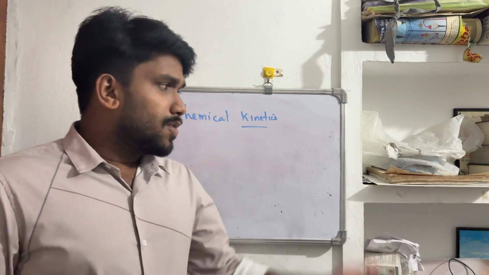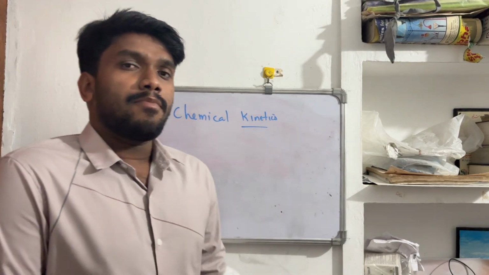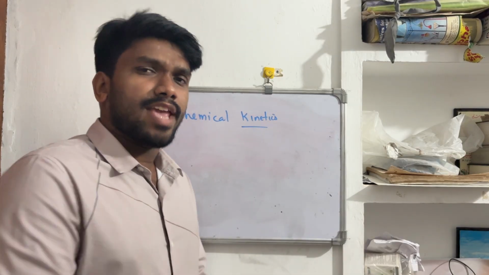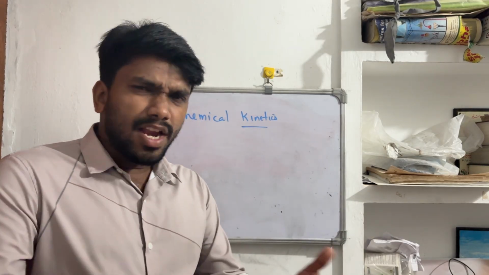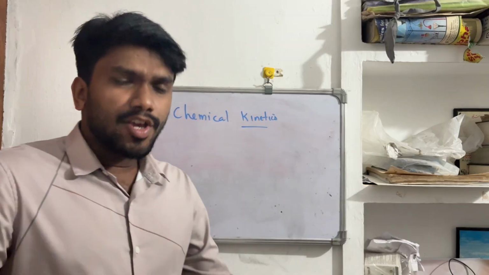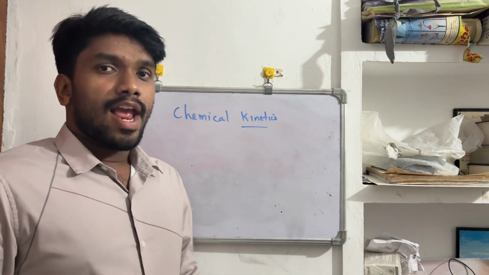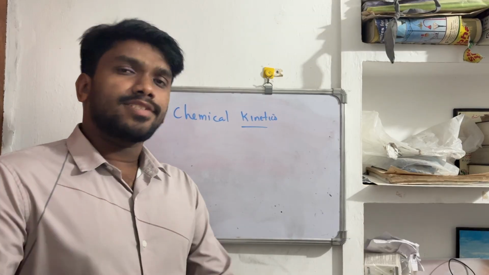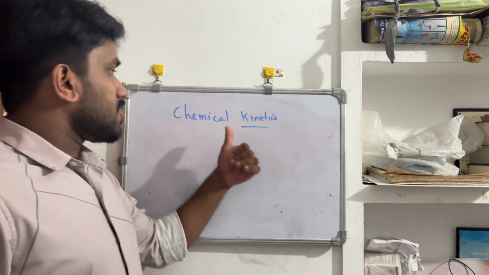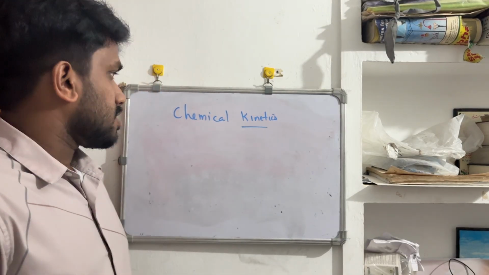So in this chapter we discuss the different types of chemical reactions based on their speed, and the equations to calculate the speed and the time taken for the reaction, etc. Our chapter is chemical kinetics.